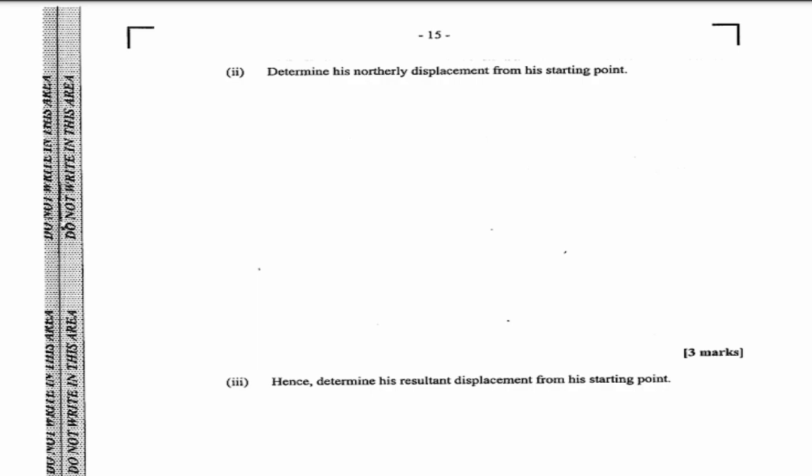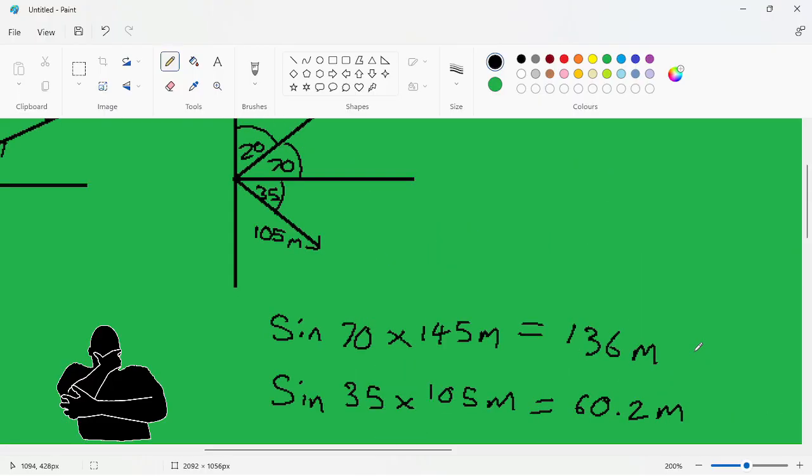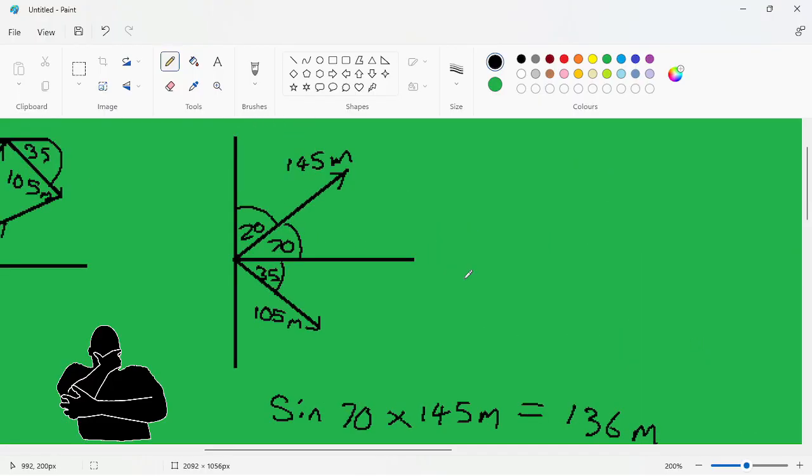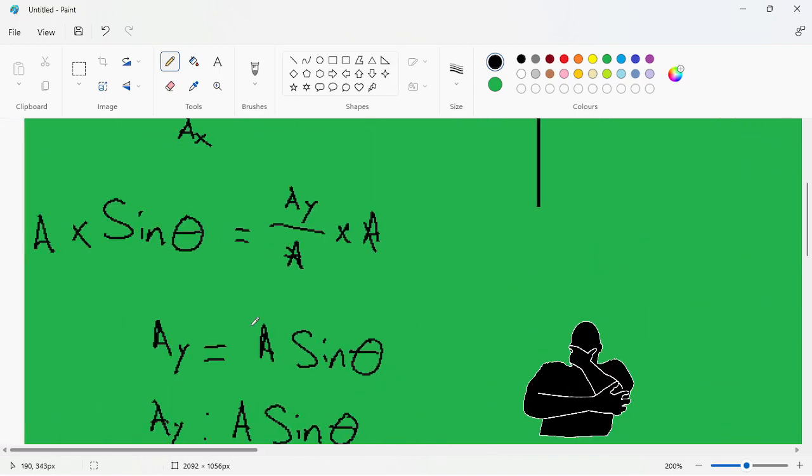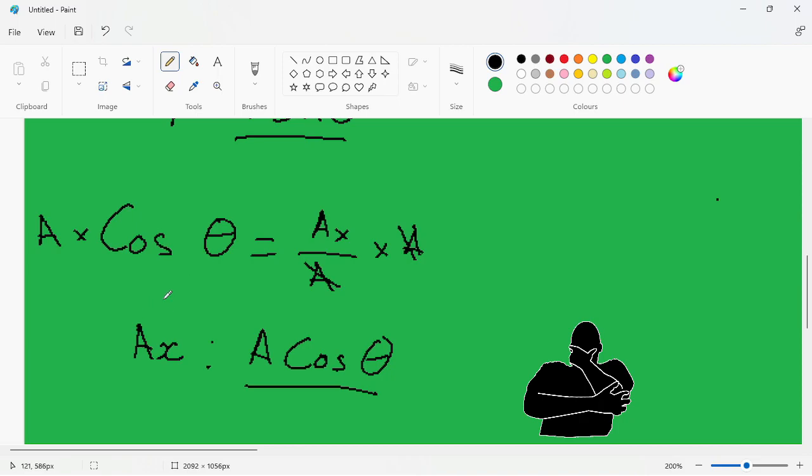The question then goes on to say, determine his resultant displacement from his starting point. This is a similar process, but now we also have to take into consideration the horizontal components. So the horizontal component, similar to over here, is going to be the hypotenuse times cos of the angle.